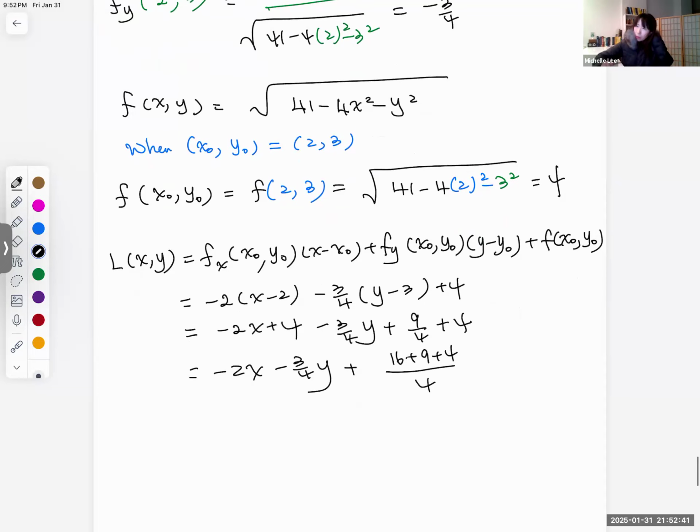Let's calculate. Oh, it's 16, not the 4. So 41. So we get negative 2x minus 3/4 y plus 41/4.